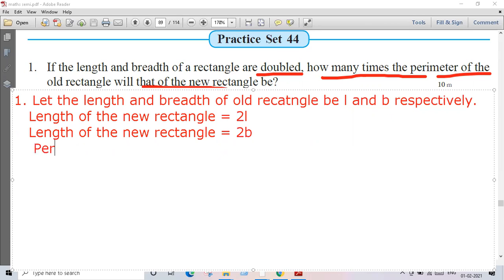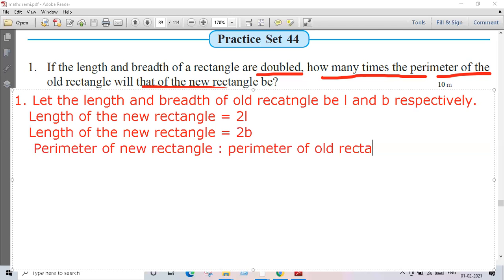Therefore, perimeter of new rectangle is to perimeter of old rectangle. Now we have to find out the ratio. That ratio is what?